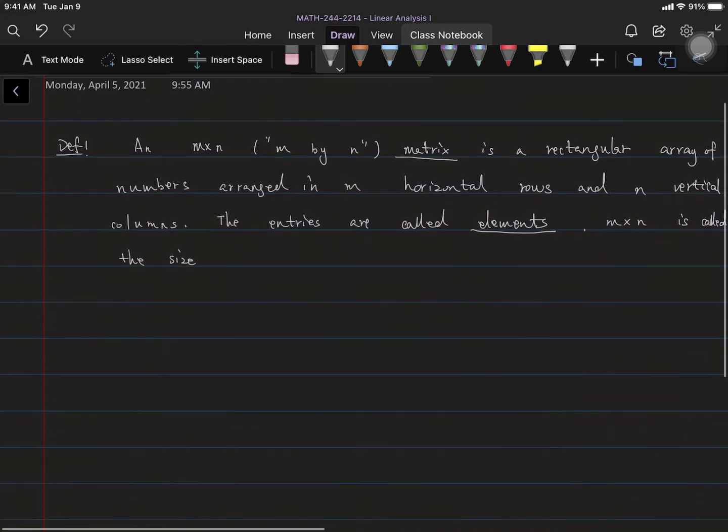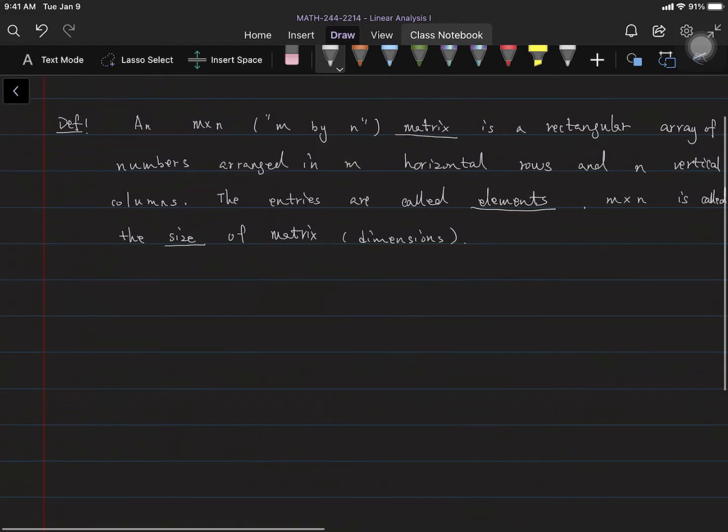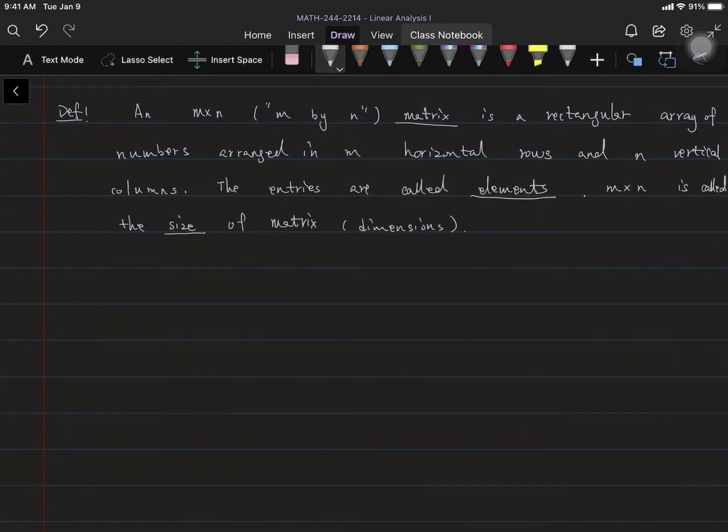Some matrices can be big, some like 2 by 2 or 3 by 3, so that means the size of the matrix. Sometimes it's also called the dimension. Same thing.